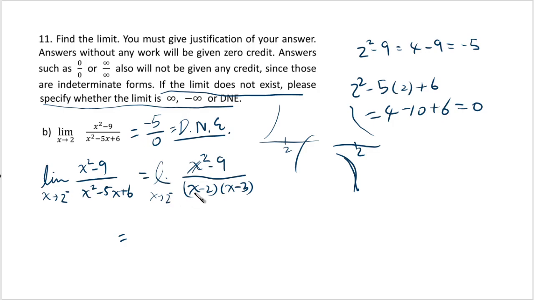I plug in 2 minus, minus 2. So 2 minus means like 1.999, right? Something that's close to 2 but slightly less than 2. So if you subtract 1.999 minus 2, that's going to be negative 0.001. So it's close to 0 but less than 0. Okay. And then 2 minus 3, that's negative 1. So I have negative 1.